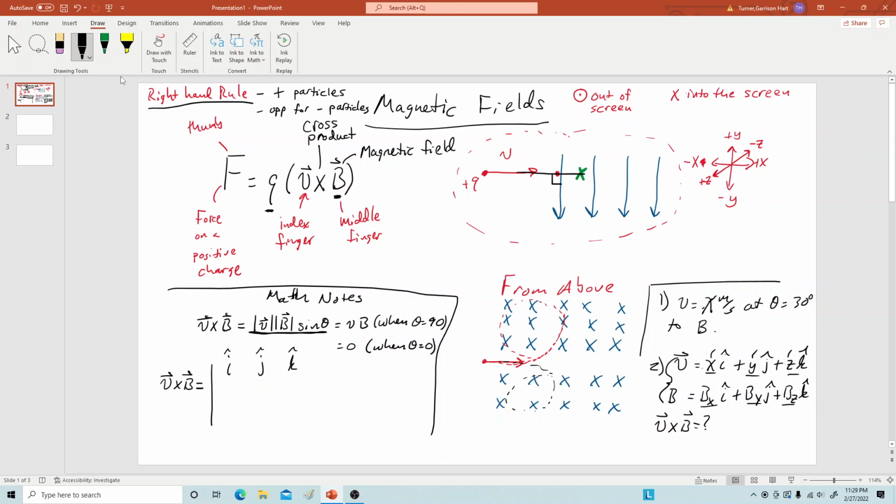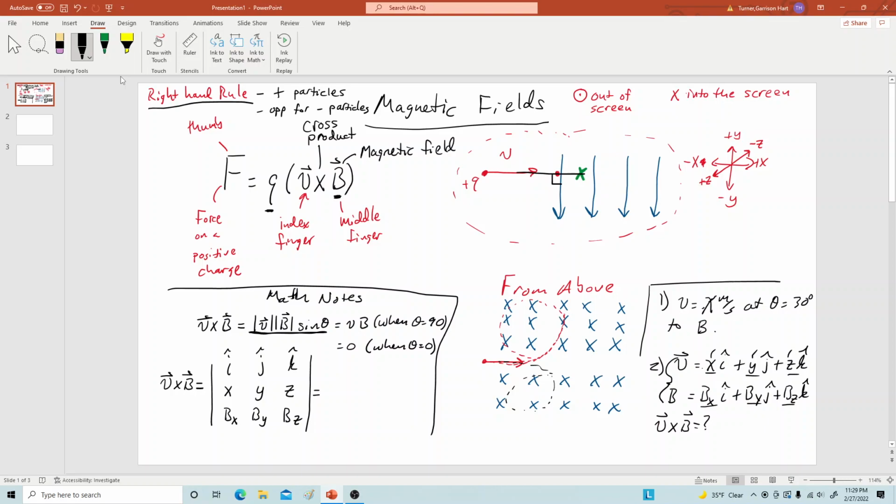So your V cross B can be written as the components of V and then the components of B, and then you find the determinant of this matrix.